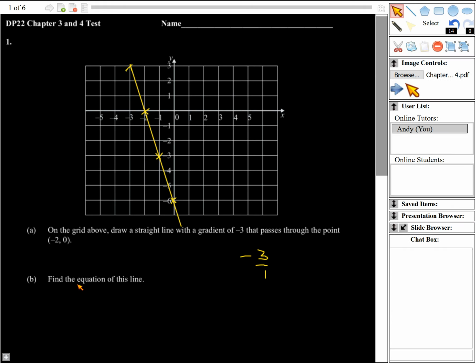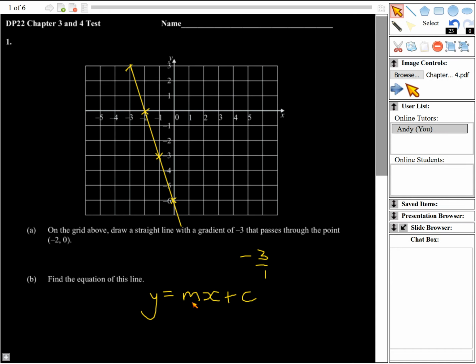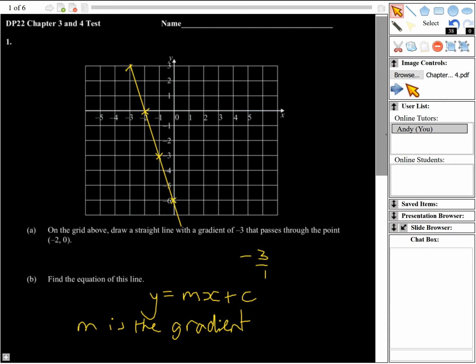All right, next it says find the equation of this line. To find the equation of the line, we're going to use the form y is equal to mx plus c. So this m, hopefully you should know, is the gradient. And then c is the y-intercept.